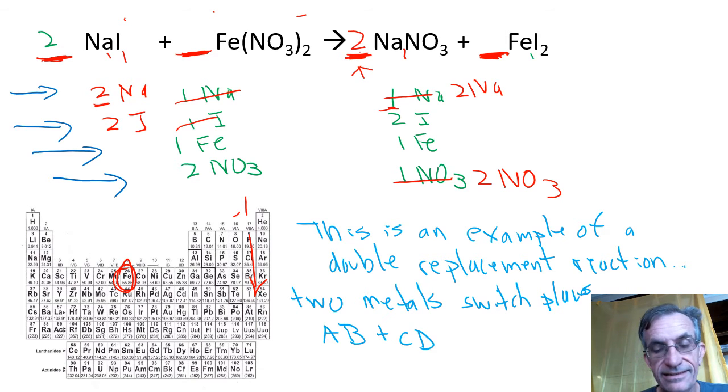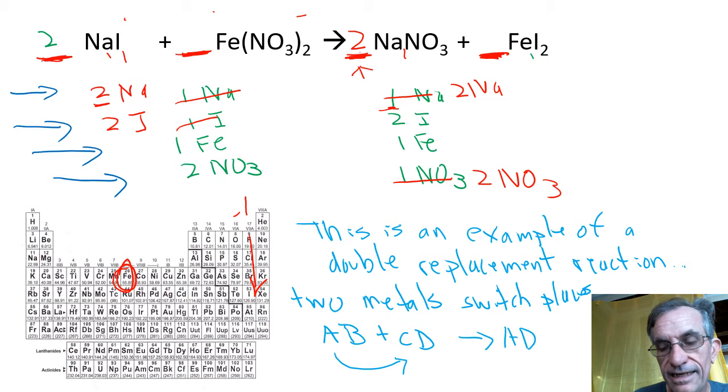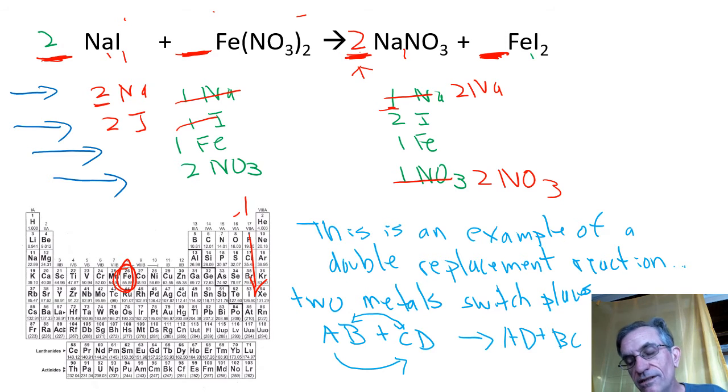And what happens is A and C switch. So A is going to be hooking up with D, and then B and C are going to get together. So it should look like that. There's this double switch going on.